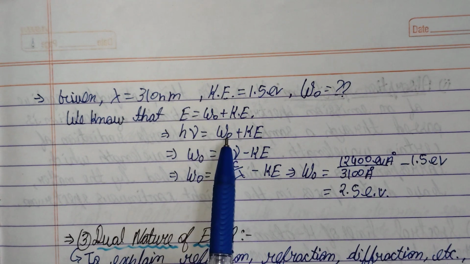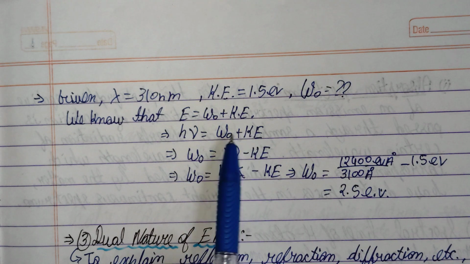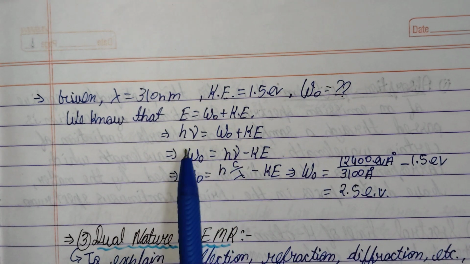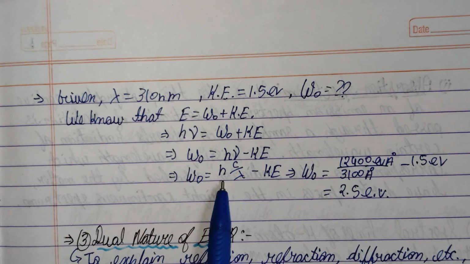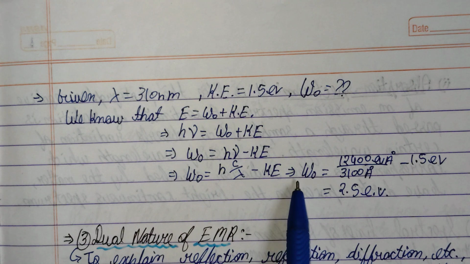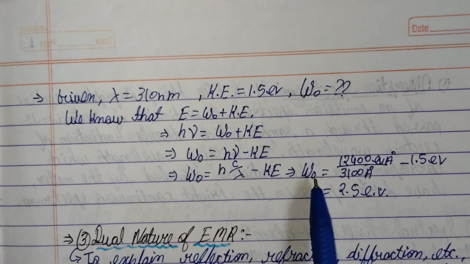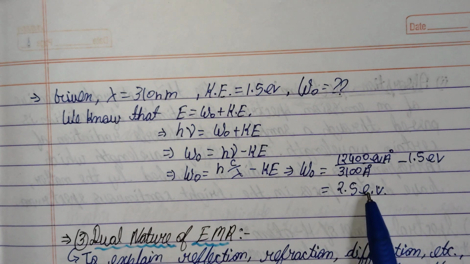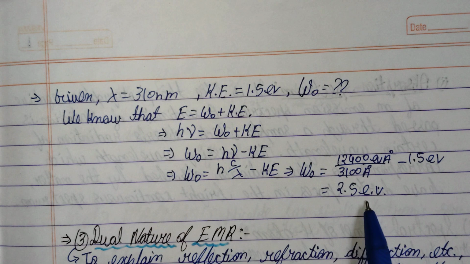So W naught equals, we transpose KE to the other side, so it becomes h nu minus KE. So W naught equals hc upon lambda minus KE, and we replace the values of h, c and lambda, and kinetic energy is also given. So we get the final value 2.5 electron volt.